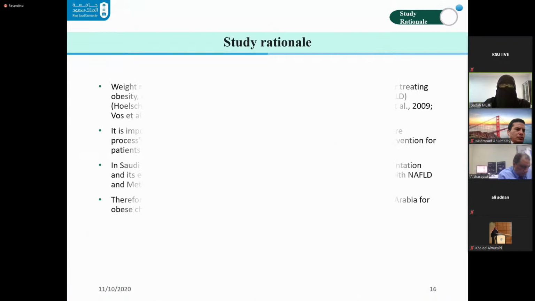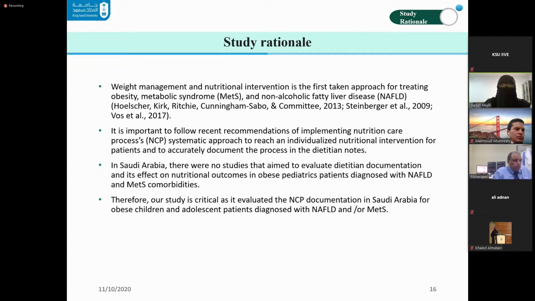The study rationale was that weight management and nutritional intervention is the first approach taken for treating obesity, metabolic syndrome, and non-alcoholic fatty liver disease. It is important to follow the recently implemented nutrition care process, a systematic approach to reach an individualized nutritional intervention for those patients, and to accurately document the process in the dietitian notes.